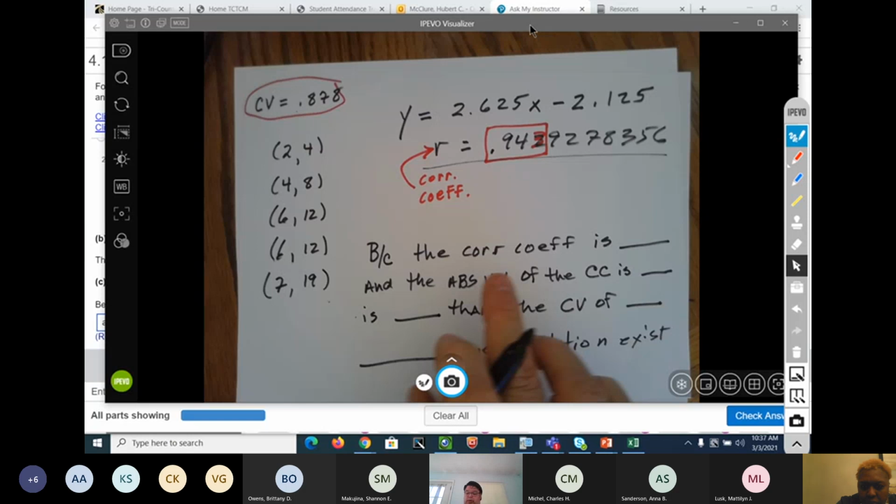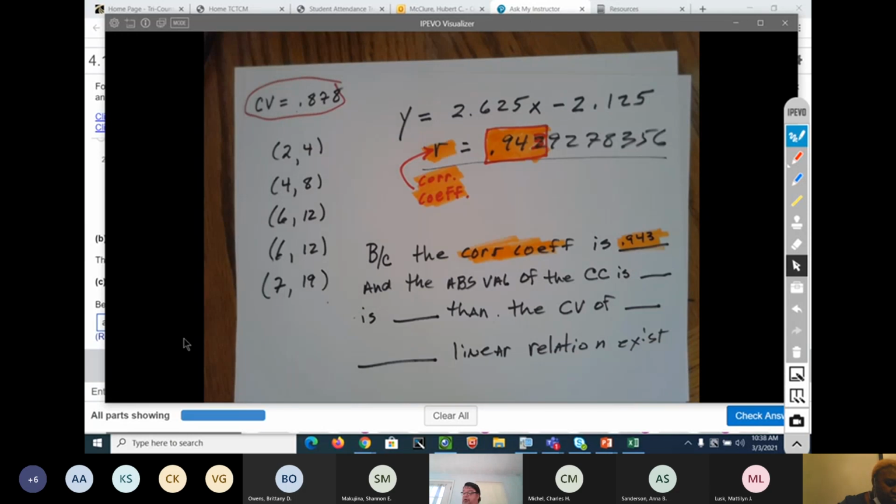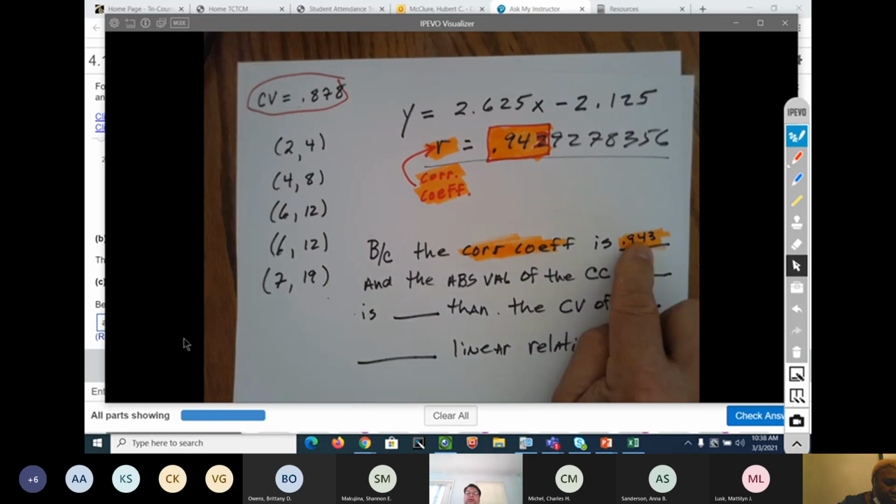And that is 0.943. Now, the absolute value is always going to be the positive number of that number. So, in this case, it's going to be 0.943 again. Now, if this was negative 0.943, this would be positive 0.943.